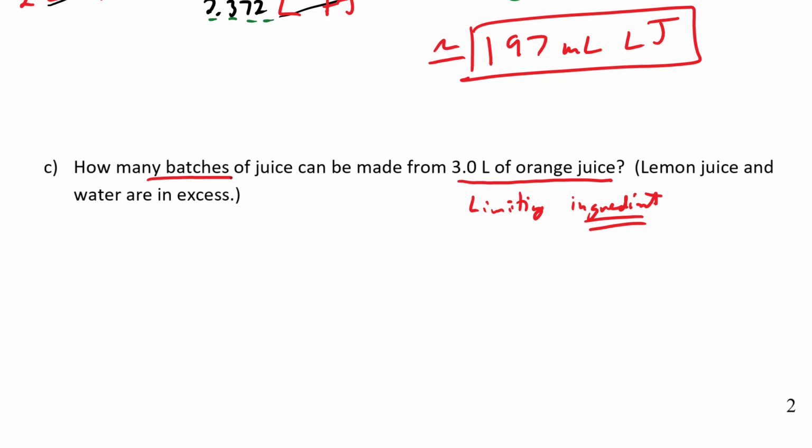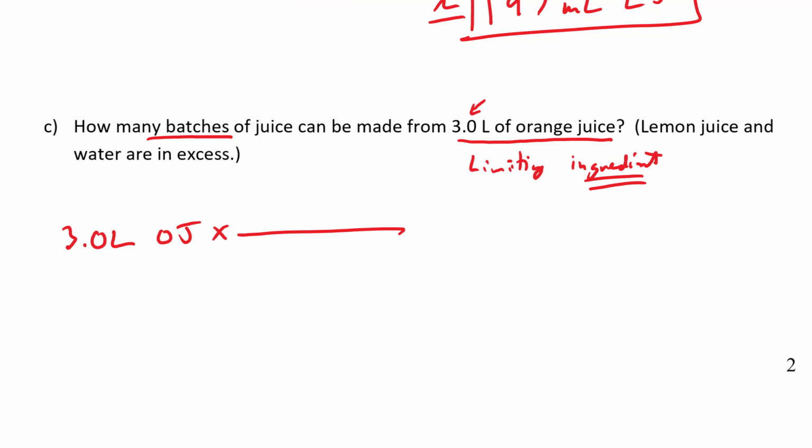How many batches of juice from 3 liters of orange juice? So I'm going to have 3 liters of my orange juice. I want to convert that over to batches of juice. Let's put in our conversion factors. Now, if we go to our recipe, it gives the amount of orange juice in milliliters. So we'll have to first convert from liters to milliliters. 1 liter is 1,000 mils.